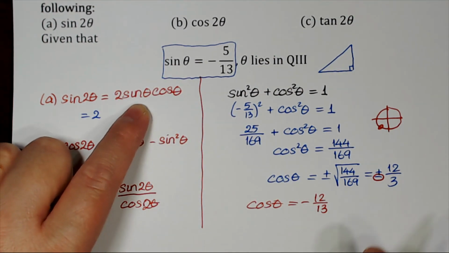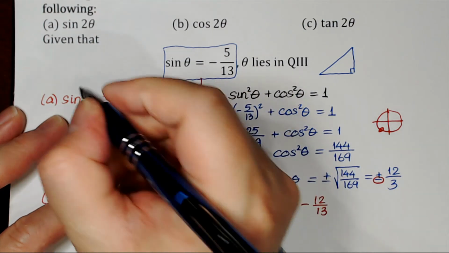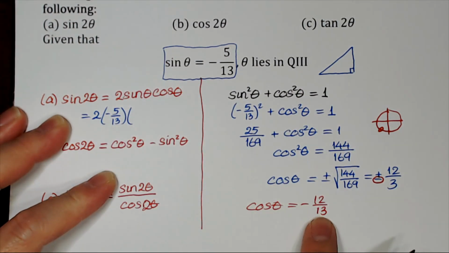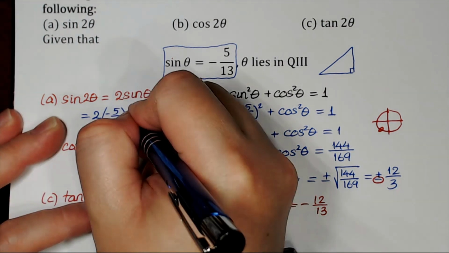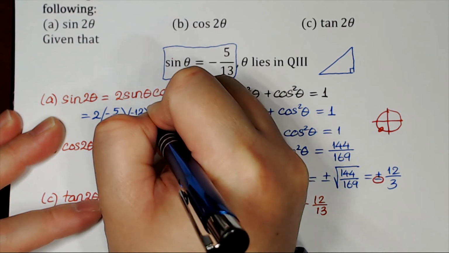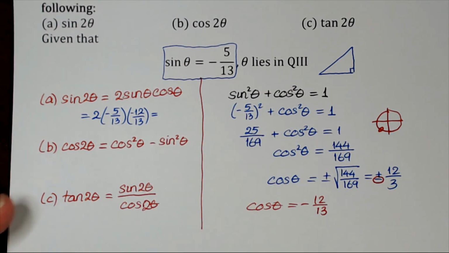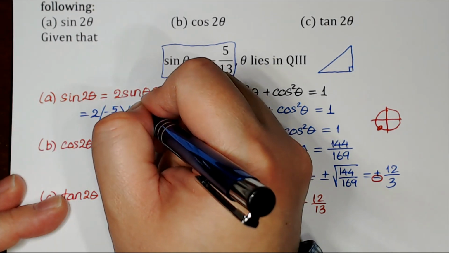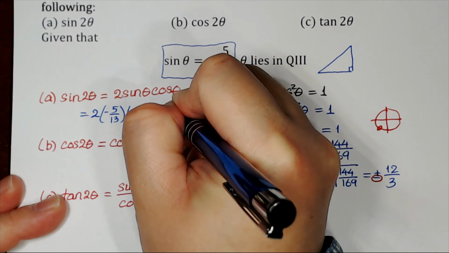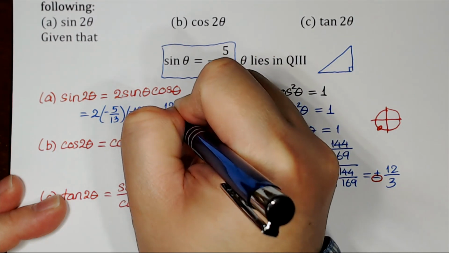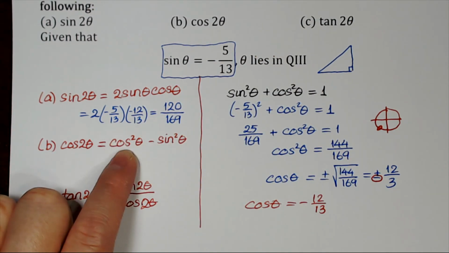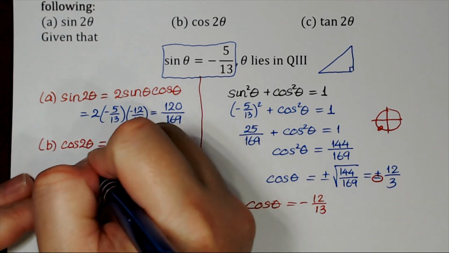We can say cosine square minus sine square, or there are 2 more, but let's just use that. And for tangent of 2 theta, we also have the double angle for tangent, but let's just use the quotient identity, and we say tangent is sine over cosine.